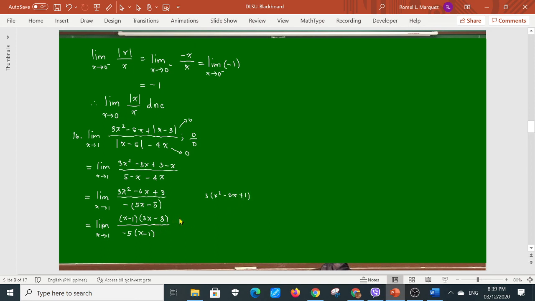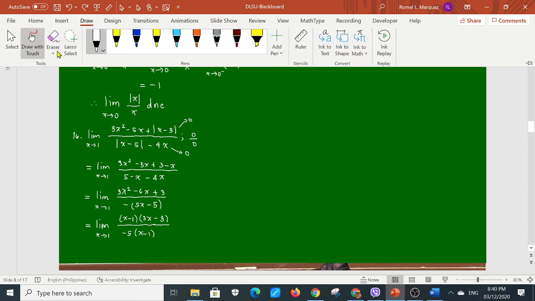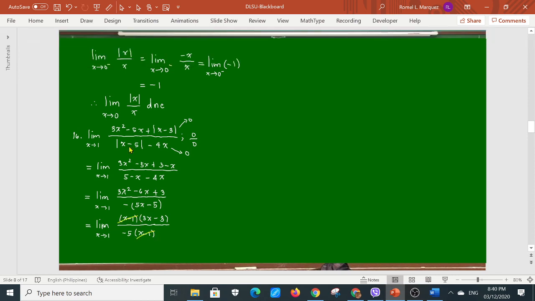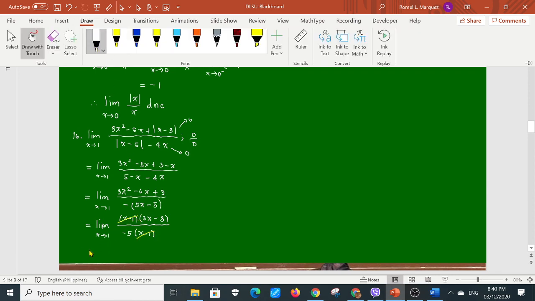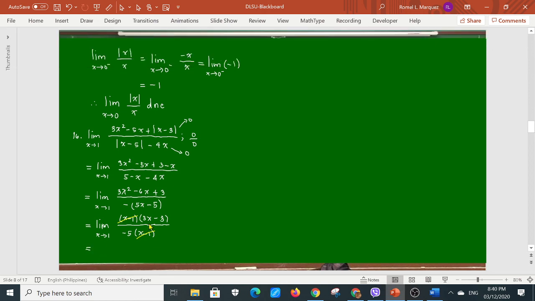So x minus 1 is the other factor. Okay? Guys? Let's cancel. Cancel. Now I can get the limit. What is the limit of 3x minus 3? So that is 3 minus 3, all over negative 5. So that is 0.